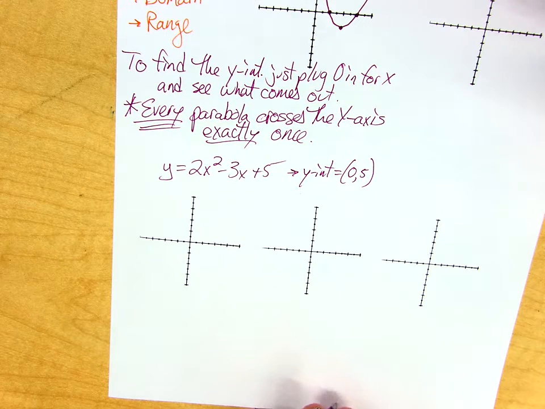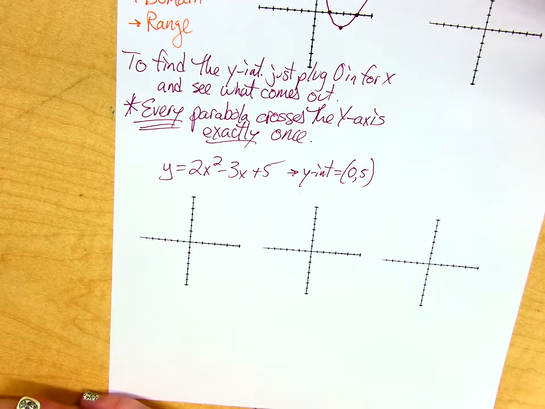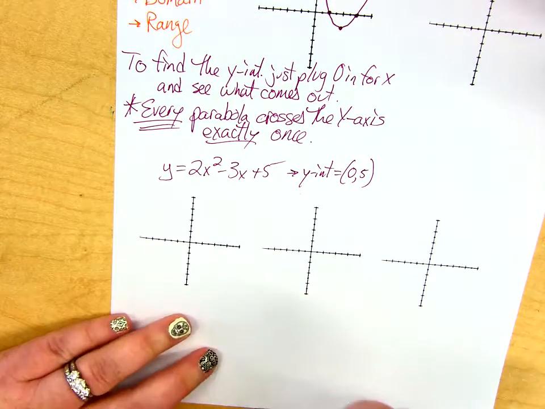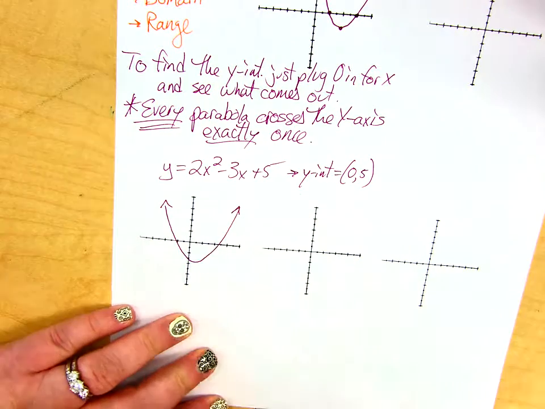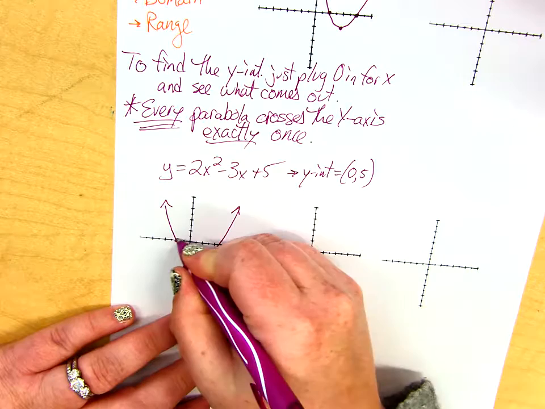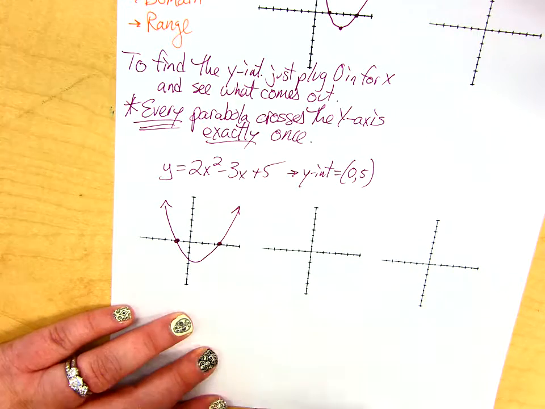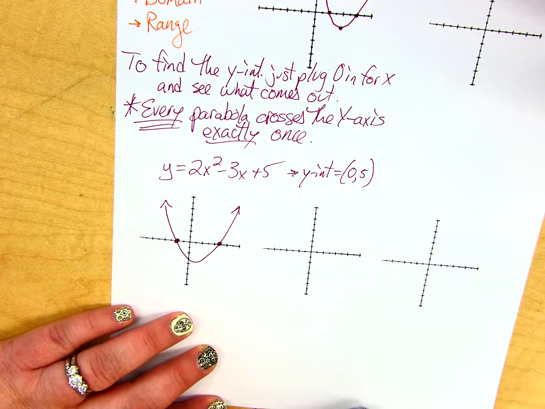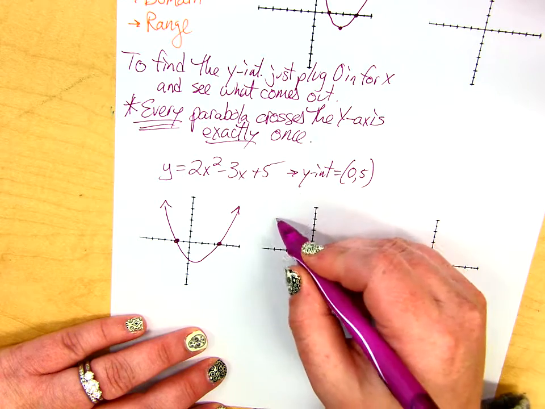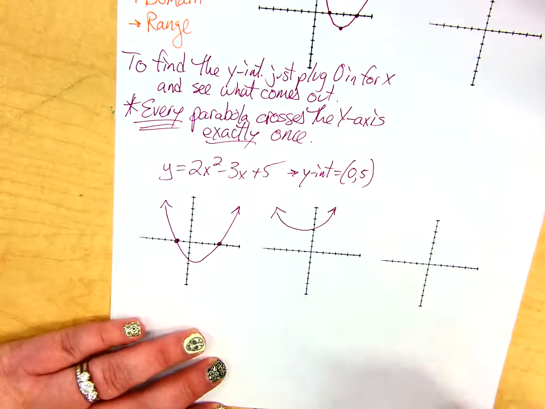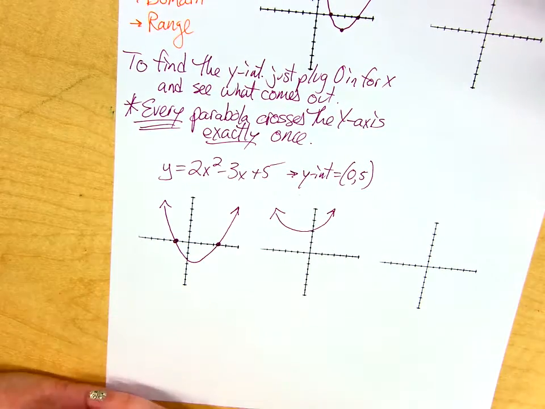So, ladies, gentlemen, we've already talked about the 3 scenarios with x-intercepts, right? So you can have a parabola that crosses the x-axis twice, so once there, once there. What's another scenario? It doesn't touch the x-axis at all, so maybe it's just up too high or down too low, because it could also be flipped over the other way.